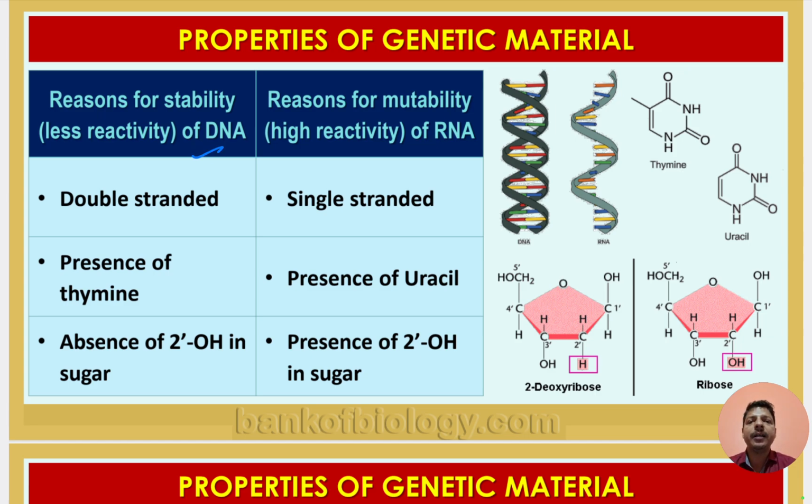The reason for mutability of RNA: DNA is double-stranded, RNA is single-stranded; presence of thymine in DNA, presence of uracil in RNA; absence of 2' OH in the sugar of DNA, presence of 2' OH in the sugar of RNA. As you can see, in ribose the 2' carbon has an OH, but in deoxyribose only H is present.